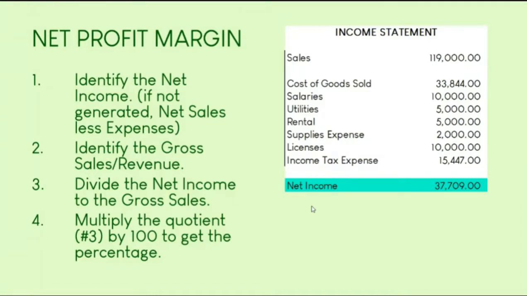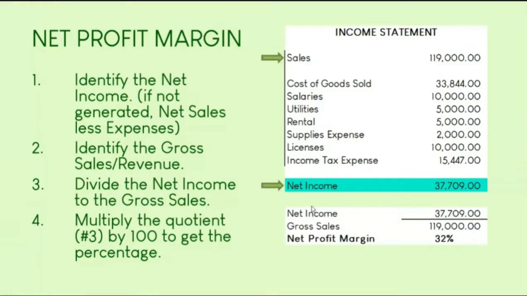So in this case, we have the net income, and that is 37,709. Our sales account is 119,000. So 37,709 divided by 119,000 times 100 is 32%. So as I've said, it's just vertical analysis of the net income or the net profits.